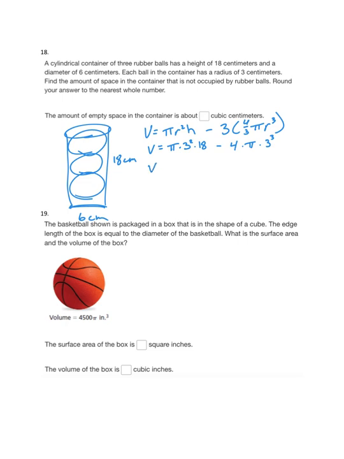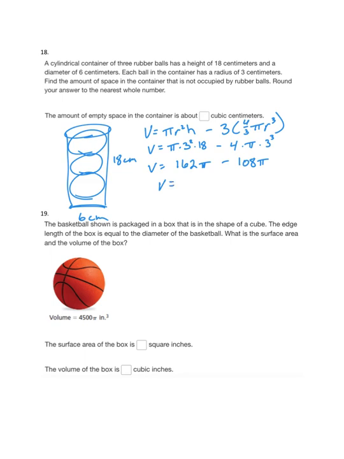All right, let's simplify a bit further. So 3 squared is 9. 9 times 18 is 162. So that's 162 pi is the volume of the cylinder, minus 3 cubed is 27, times 4 is 108. Okay, so we have 162 pi minus 108 pi.